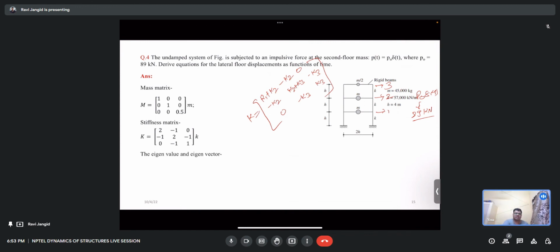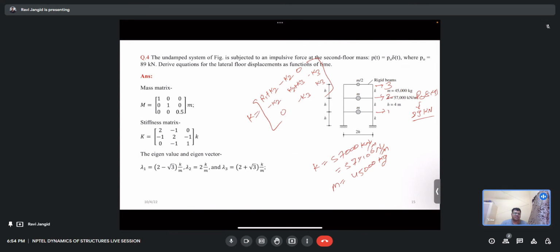And the eigenvalues and eigenvectors I have calculated directly. Lambda 1 is 2 minus root 3 times k by m, lambda 2 is 2 times k by m, and lambda 3 is 2 plus root 3 times k by m. And if I calculate, k is given as 57,000 kilonewton per meter, or I can convert it into 57 times 10 raised to power 6 Newton per meter, and the mass is given as 4500 kilograms.